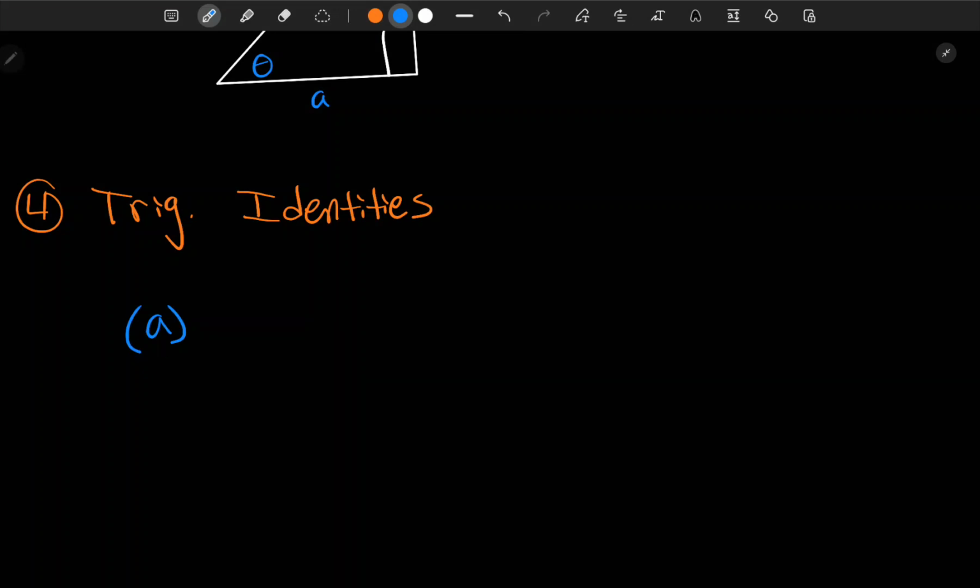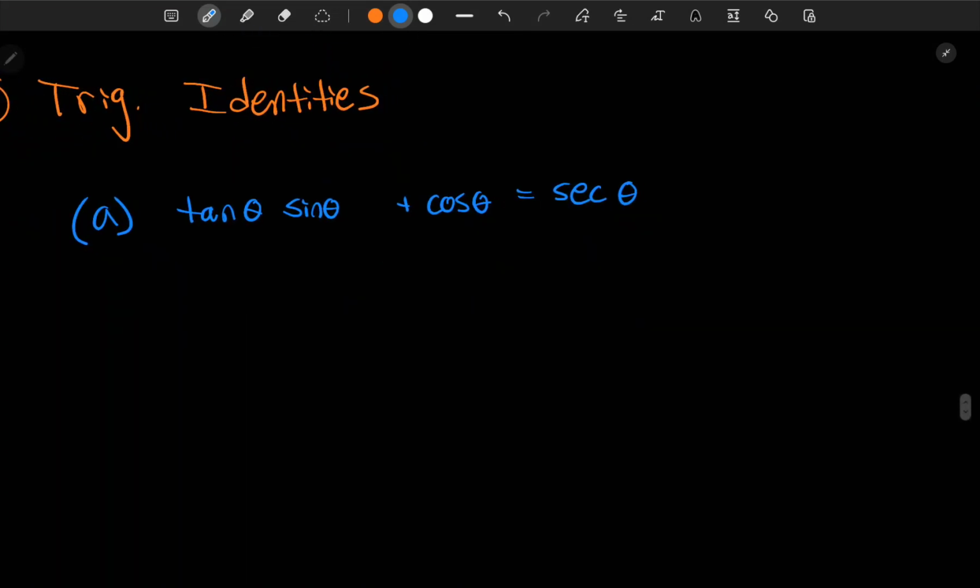let's say we wish to prove that the tangent of theta times the sine of theta plus the cosine of theta is equal to the secant of theta. Well, the way that you go about proving this is by noting that tan theta is equal to sine theta divided by cosine theta.